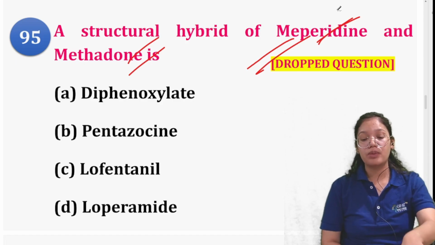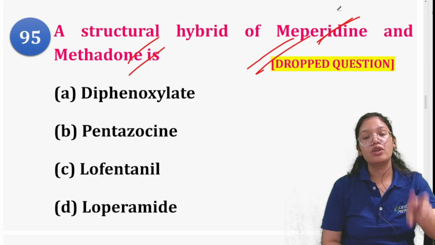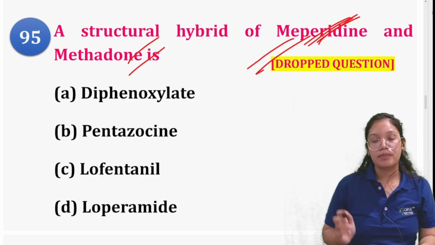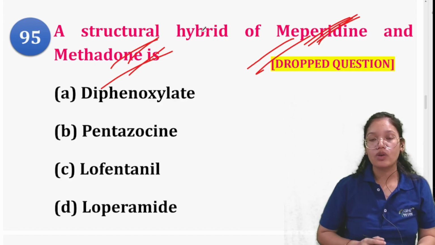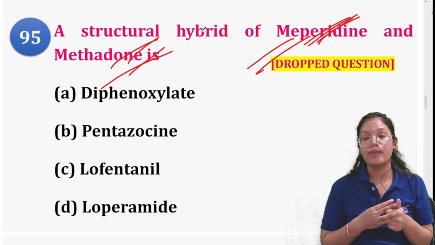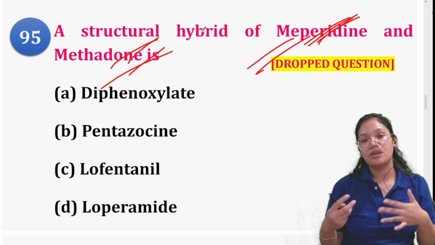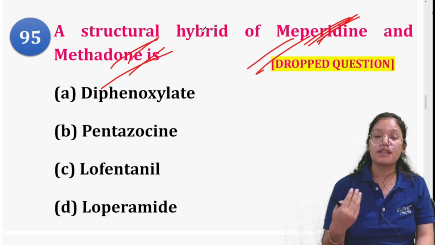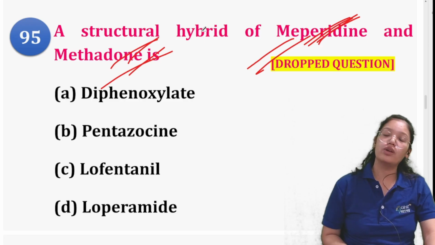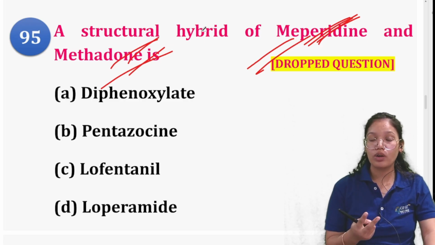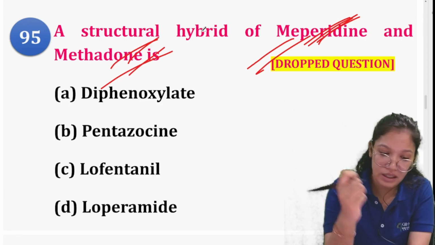Because this question should have two answers, one the structural hybrid of meperidine, one of methadone, as they have different structures from each other. But as the GPAT is a computer based exam, we can only select one answer, but it has two answers. So this question was dropped.